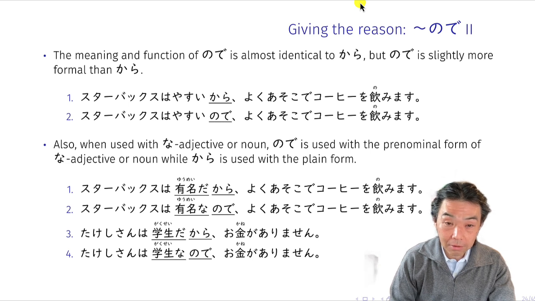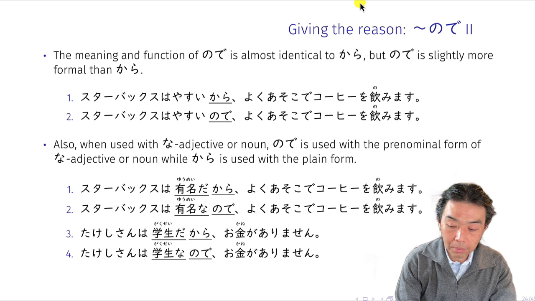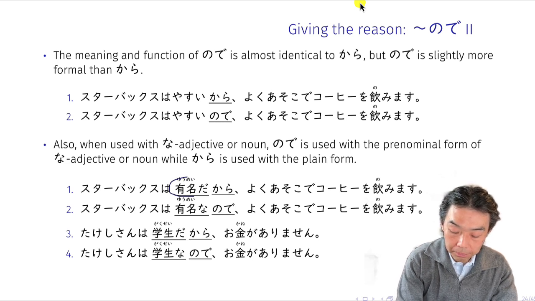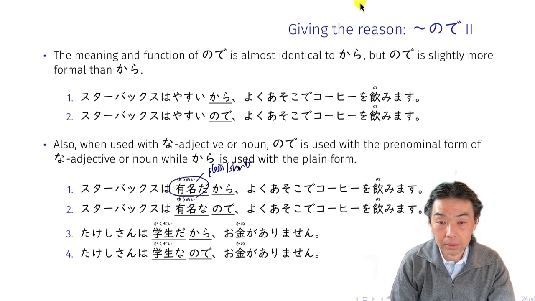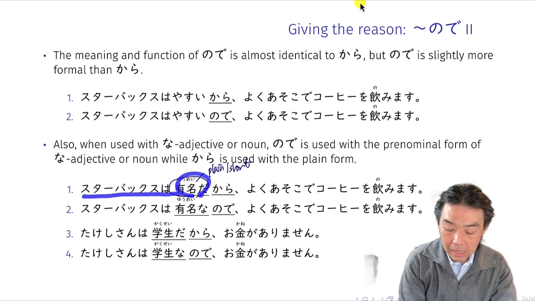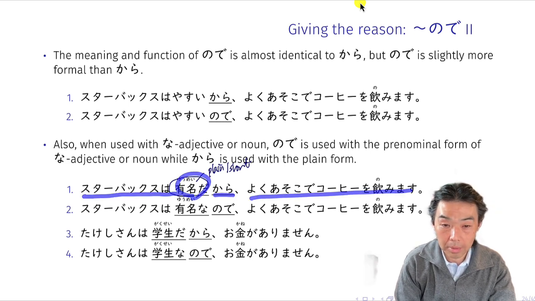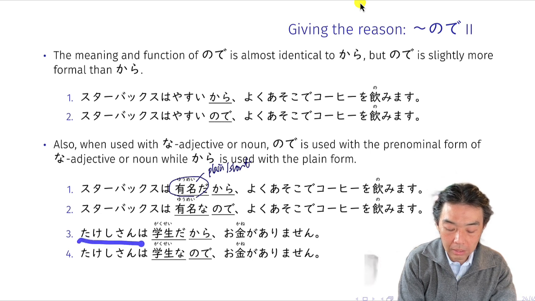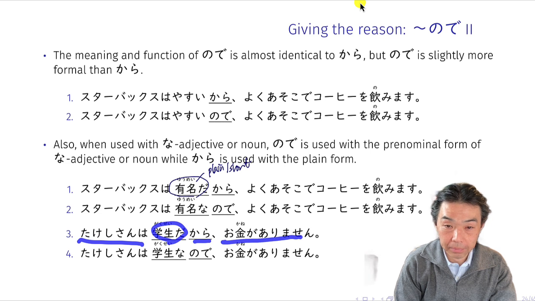Okay. Another difference is with na-adjectives and nouns. So when you use kara, you use the short form or plain form, da. So, スターバックスは有名だからよくあそこでコーヒーを飲みます。Or たけしさんは学生だからお金がありません。Okay?